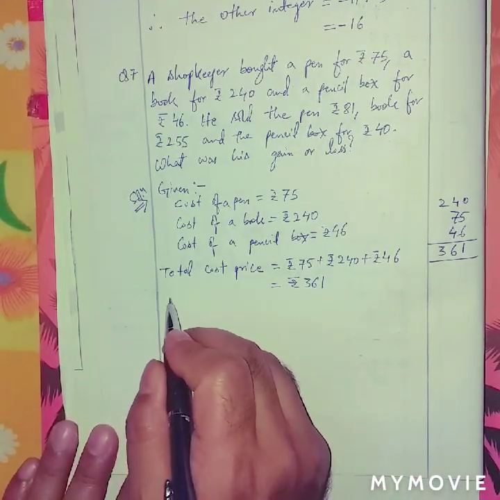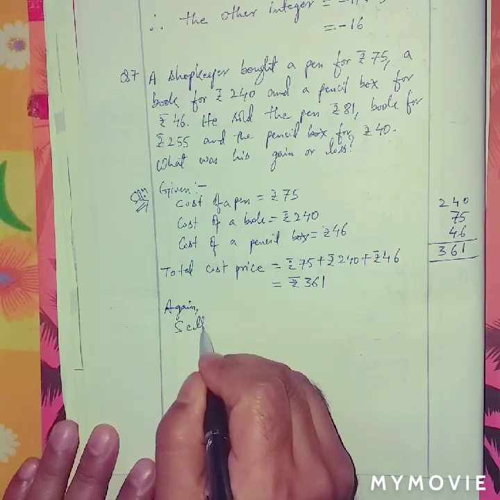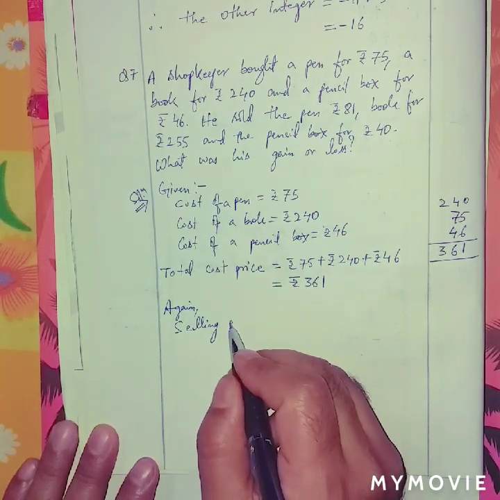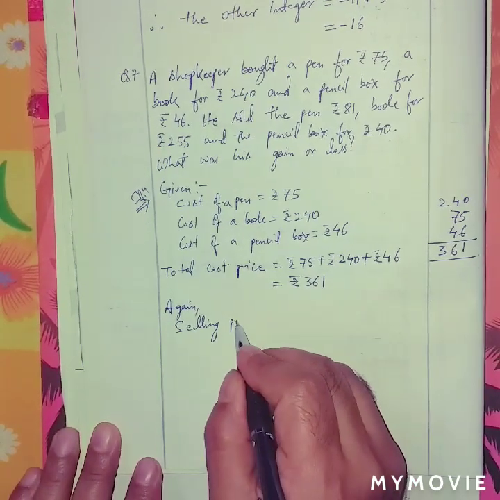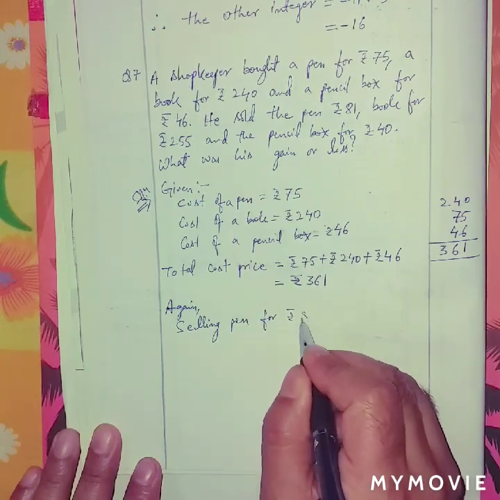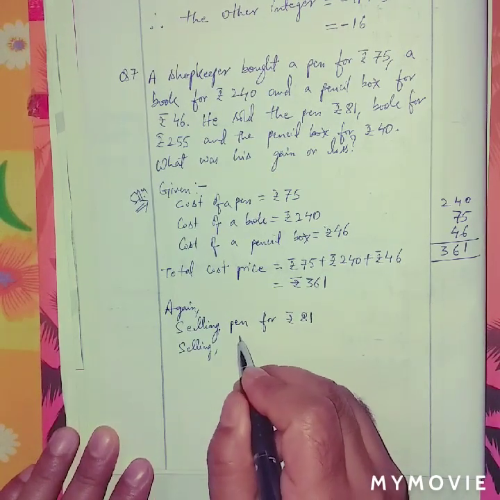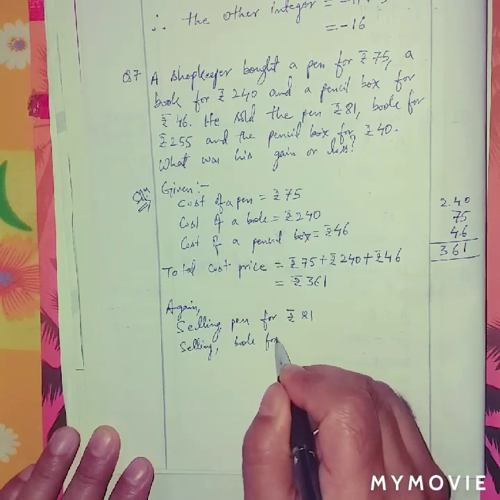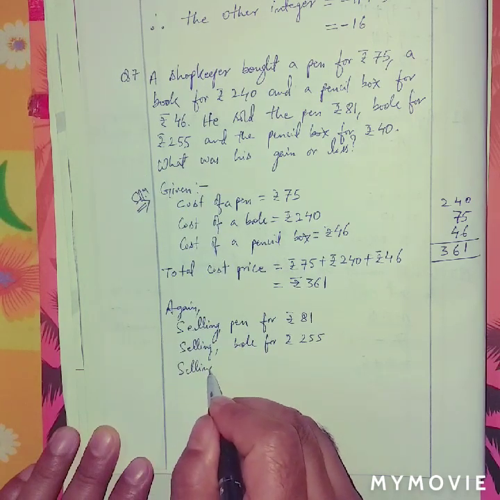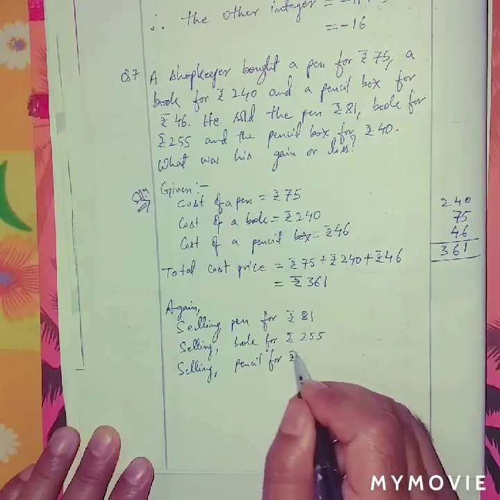Now according to the question, what is going on? Again selling is going on: selling pen for rupees 81, selling book for rupees 255, and selling pencil for rupees how much? 40.